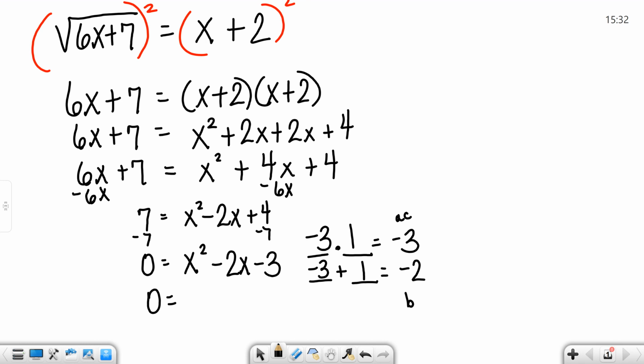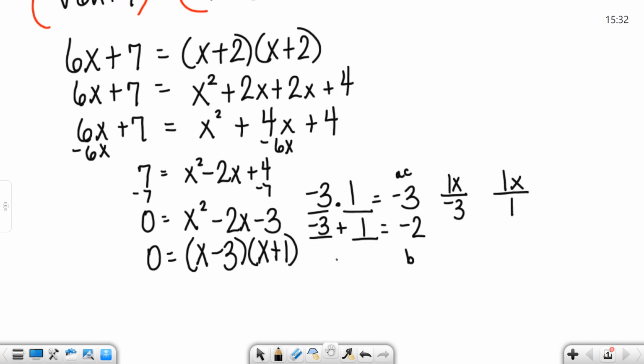My a value is 1 with the variable over one of the numbers I found. My a value is 1 with the variable over the other number I found. So my factors are x minus 3 times x plus 1.